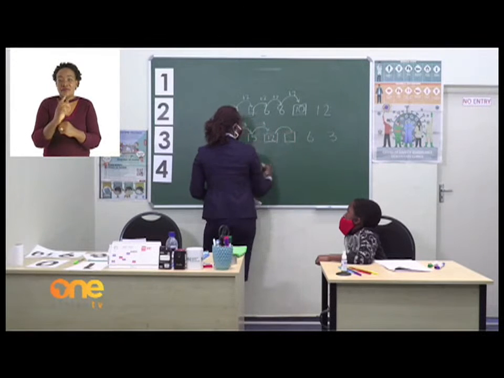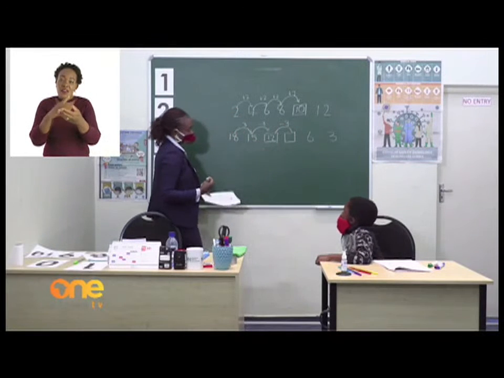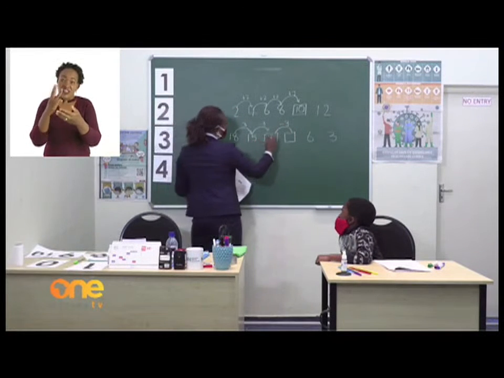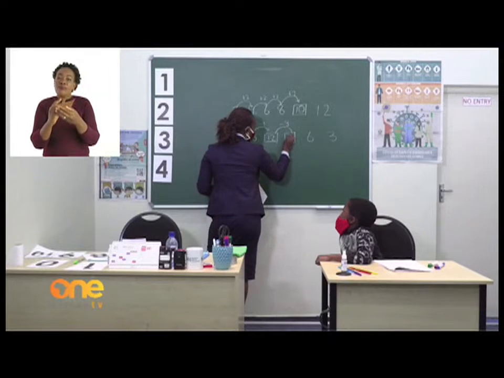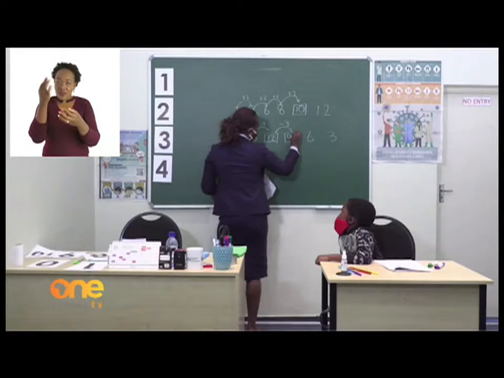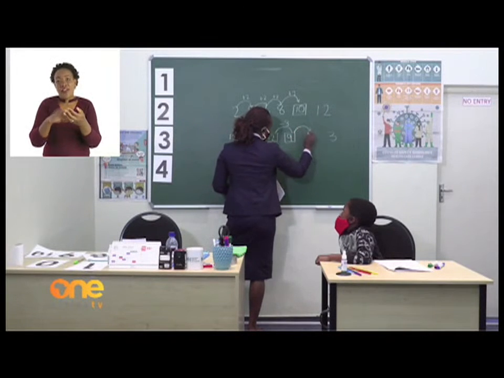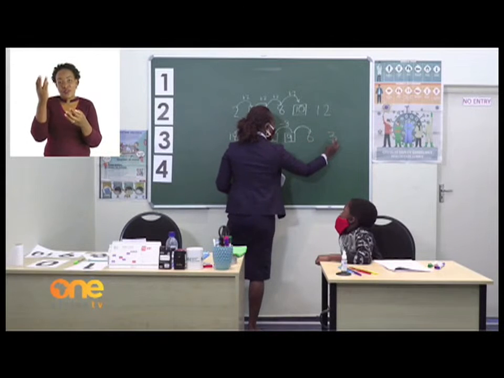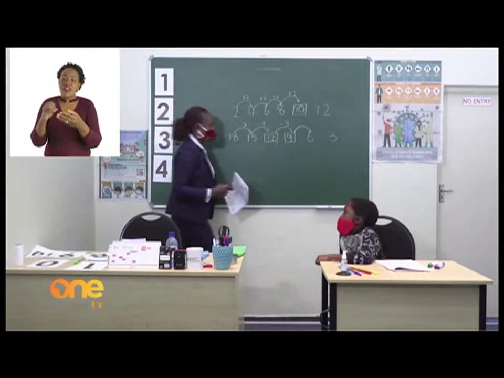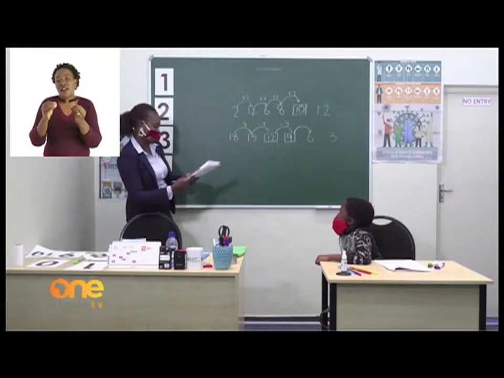We come here, minus 3 going backwards. So 12 minus 3 is 9. Okay, 9 minus 3 is 6. Then the last one is 3. This is how we do our number patterns.